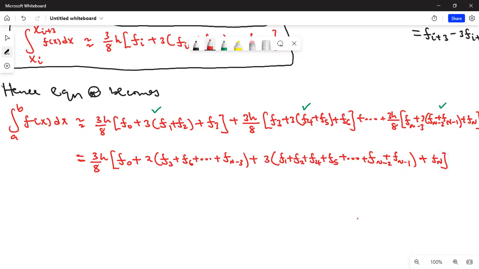So in other words, it is the same. This is the Simpson's 3 over 8 rule. So let me just bracket this one.